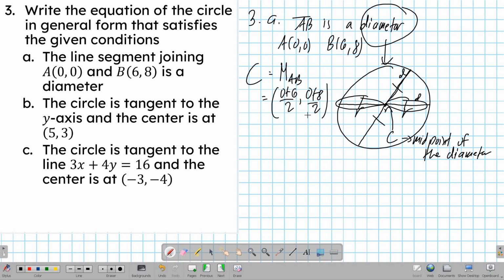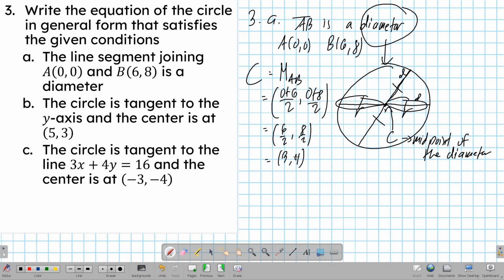Kung natatandaan pa natin ang midpoint formula. So this now becomes 6 over 2 and 8 over 2 which will become 3, 4 rather. So therefore, the center of this is at (3, 4). Center ng circle na to ay nasa (3, 4).